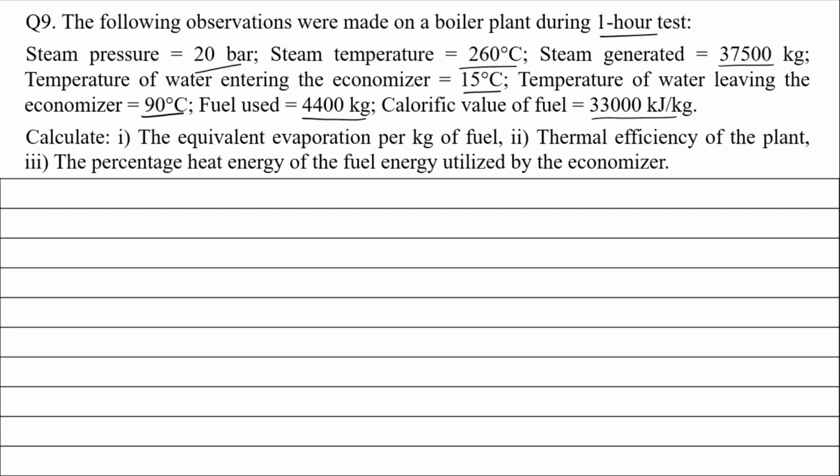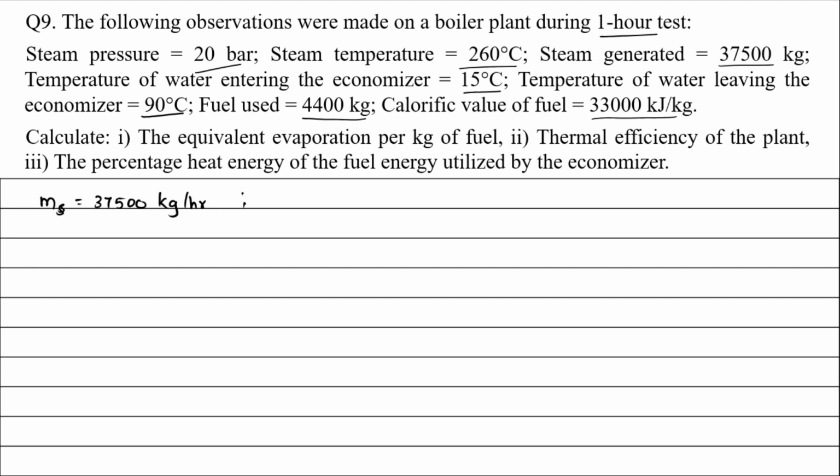Firstly, I'll note down my mass of steam, denoted by ms, equal to 37,500 kilograms. This is for a 1 hour test, so all the values will be per hour.